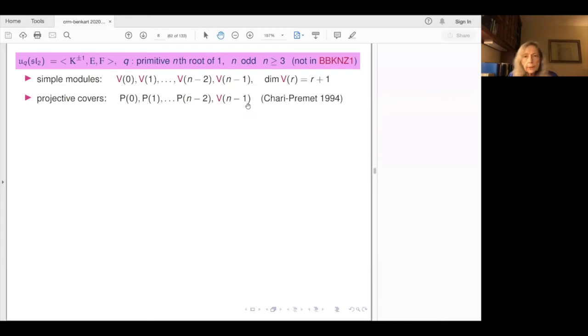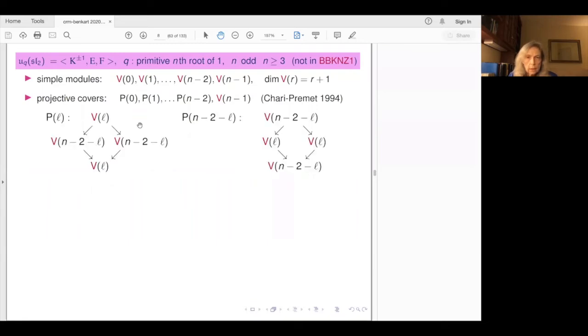Chari and Premet, in a 1994 paper, actually determined all the indecomposable modules for U_q(sl_2). So we're just using the ones that are projective here, the projective indecomposables. So this is what they look like. At the head is the module V_L inside of P_L.